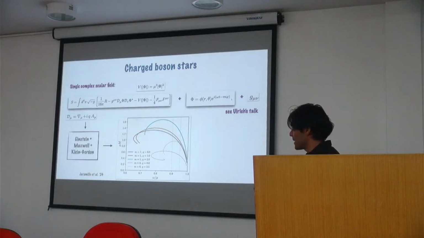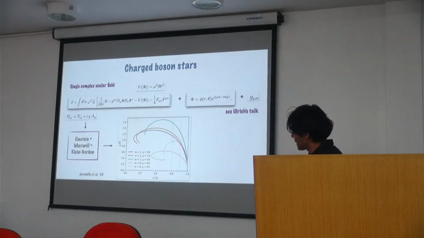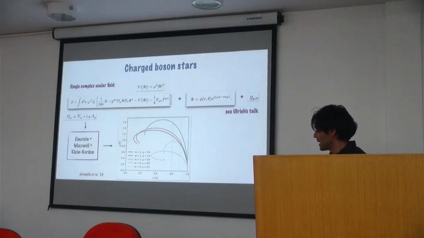But when you have axisymmetric stars, then you have this curve. This one is the standard one that we already know, but when you put more charge, then the mass starts to increase. All right, so now we have the theory, we have the initial data, we have a spherical star with charge, either this one that is spherical or this one that is axisymmetric.